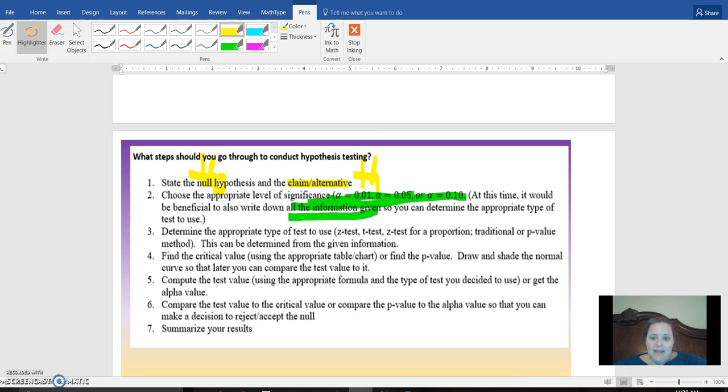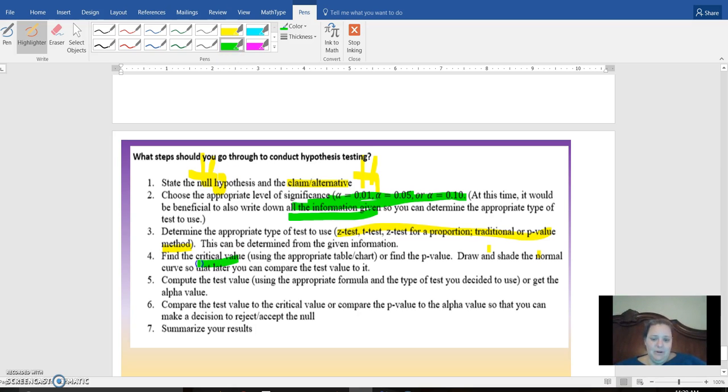Then we determine the type of test. We'll figure out which type of test is best, like if there's a population standard deviation, a sample standard deviation, or if it's just like 38 out of the 40 people had a higher blood pressure. The problem will tell you whether to do the traditional way or the p-value way.